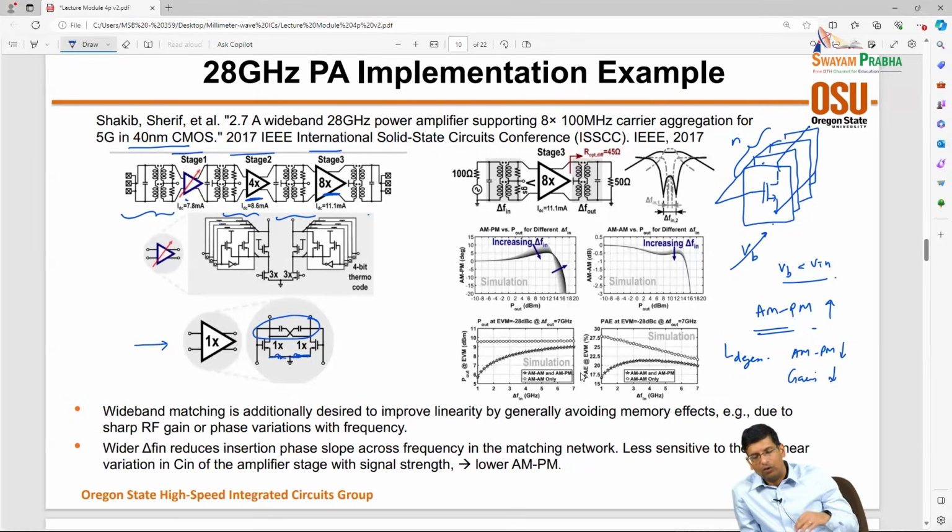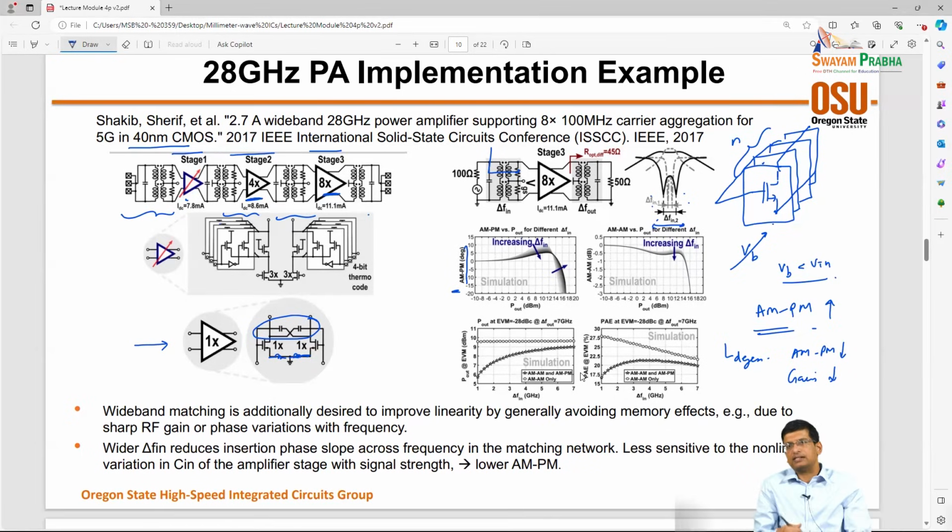And one of the observations that they've had, and other publications have also observed this, is that building a wideband interstage matching load helps, because shown here is they're taking that dual resonance load and deciding on the delta F between the resonant frequencies, and looking at the impact of picking delta F on the AM PM.